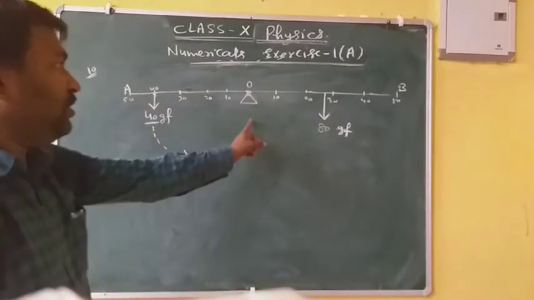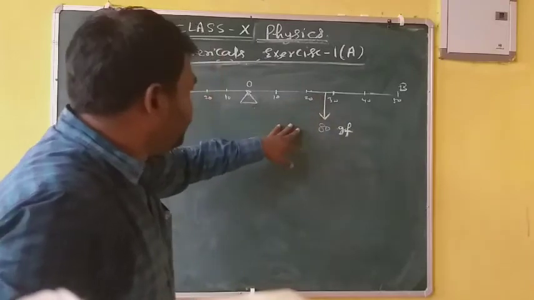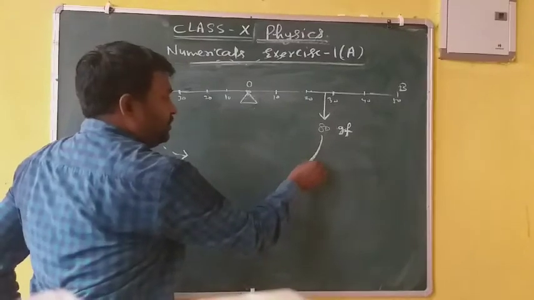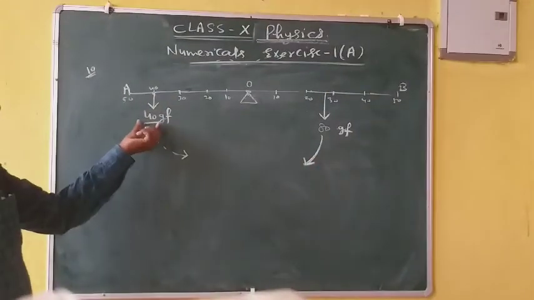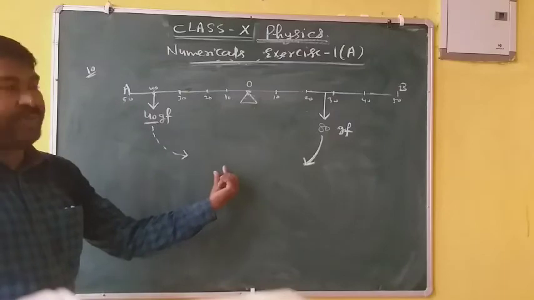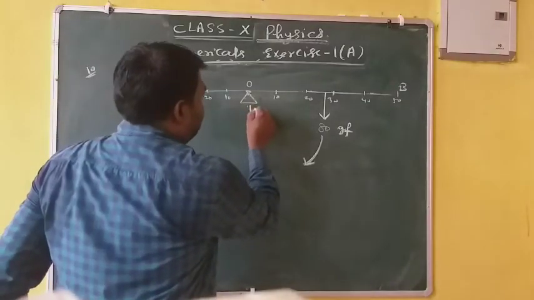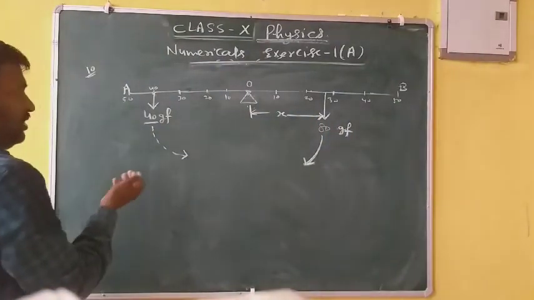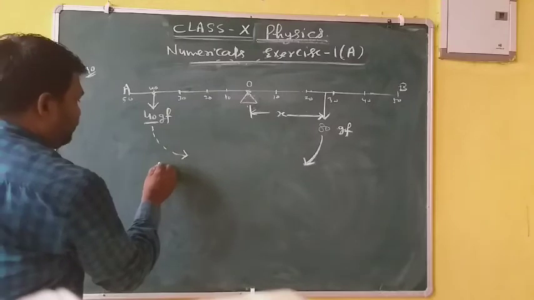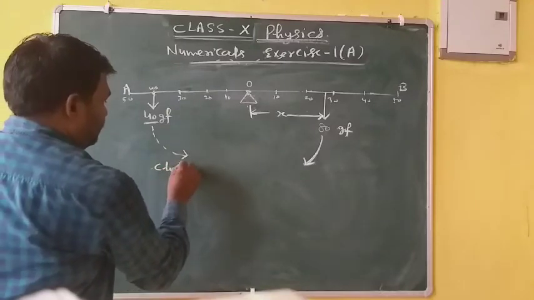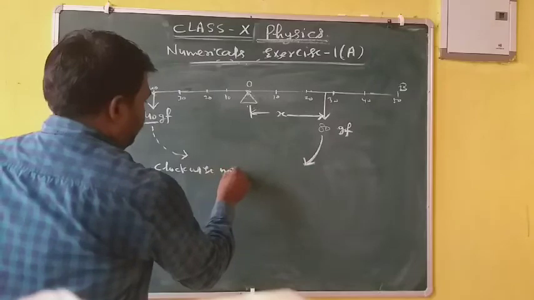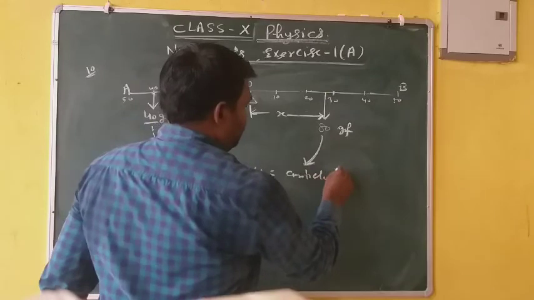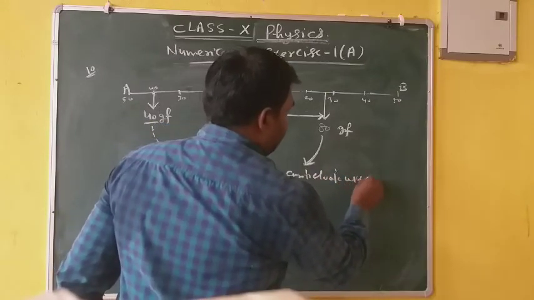If you keep this force right of point O, then its moment will be clockwise. And the 40 gram force is already applying anti-clockwise moment, but you don't know at how much distance. Let this distance be x. So by the principle of moments in equilibrium, clockwise moment is equal to anti-clockwise moment.